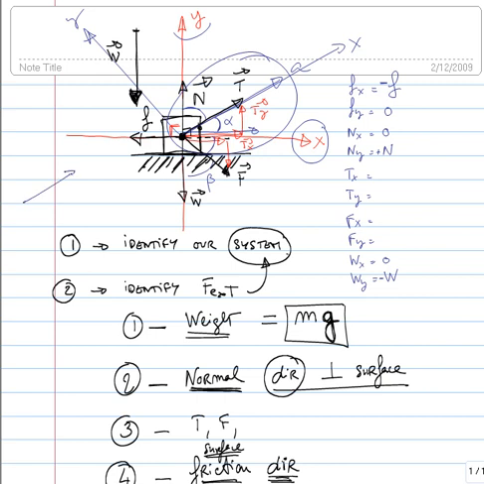We see a nice little triangle T, Tx, Ty, alpha. Therefore, no problem. We know that Tx is T cosine alpha, and Ty is T sine alpha. Tx is going towards the right, Ty is going up. They're both positive. Good.